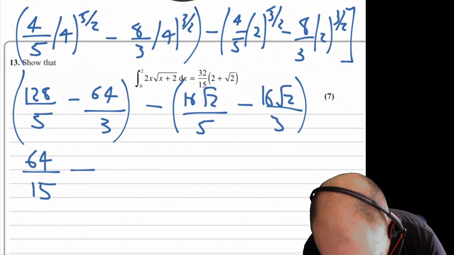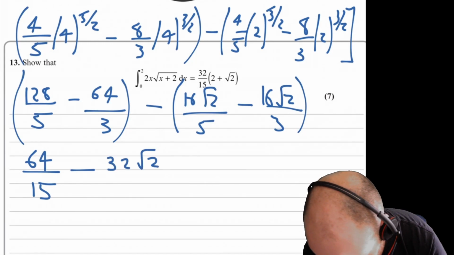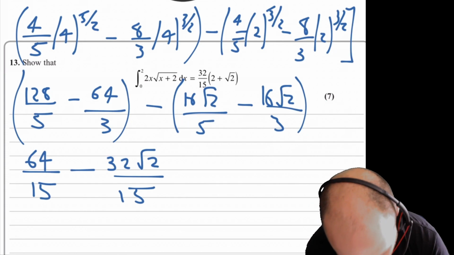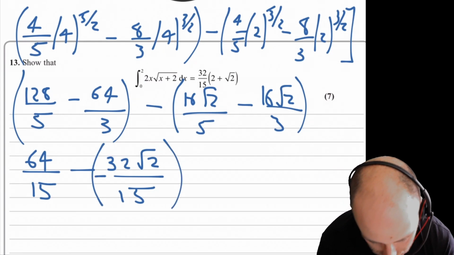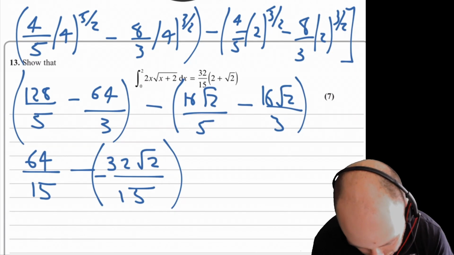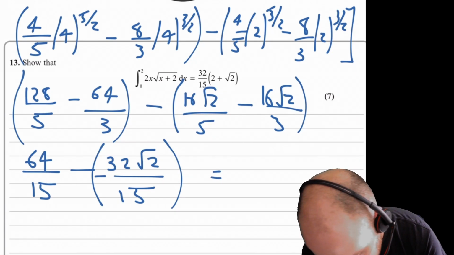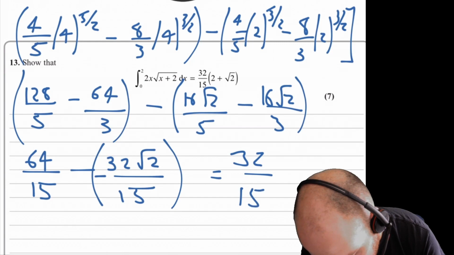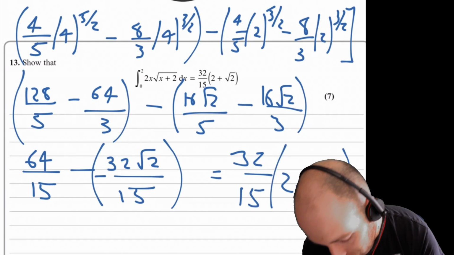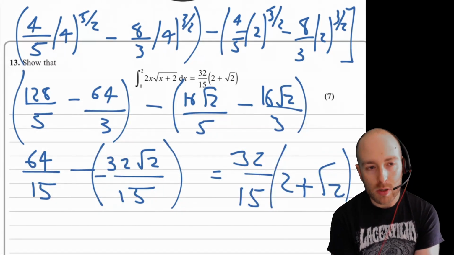Gives me minus 32 root 2. Wait a minute. Minus there, I think. So that's going to turn into a plus. We can take out a factor of 32 over 15 to give us 32 over 15, 2 plus 2, which is what they wanted.